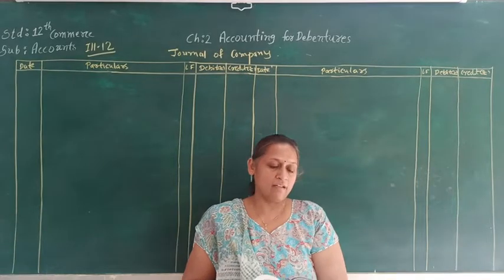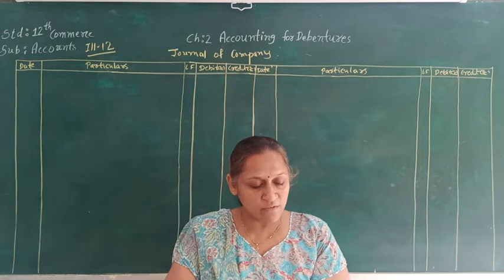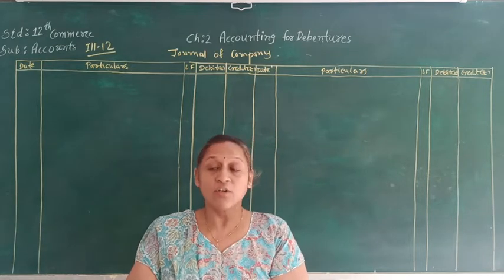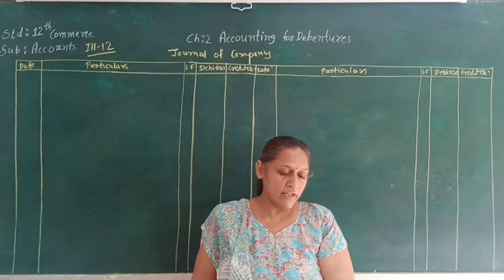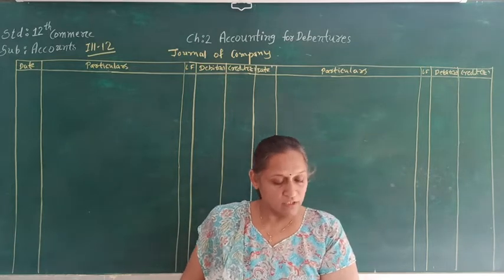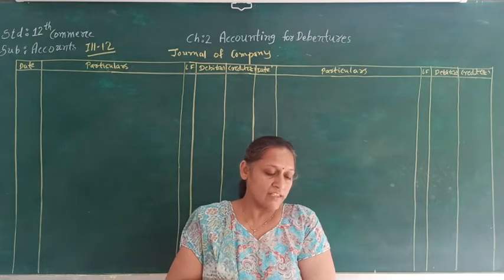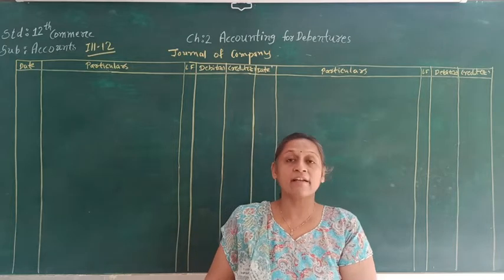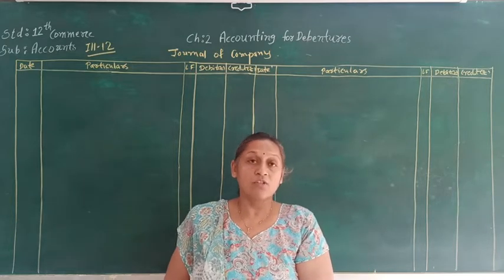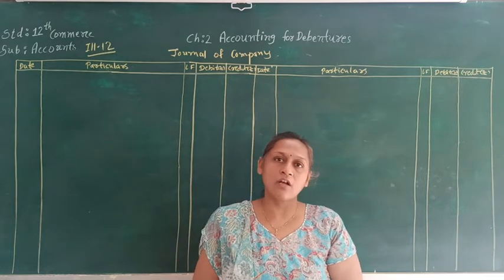Illustration number 12: Write the journal entry only for the issue of debenture from the following transactions. Here it is clearly stated that we don't have to write the narration. Situation number 1: issue of 5,000 10% debentures of 100 each at par and redeemable at par. So here the issue of debenture is at par and redemption is also at par.